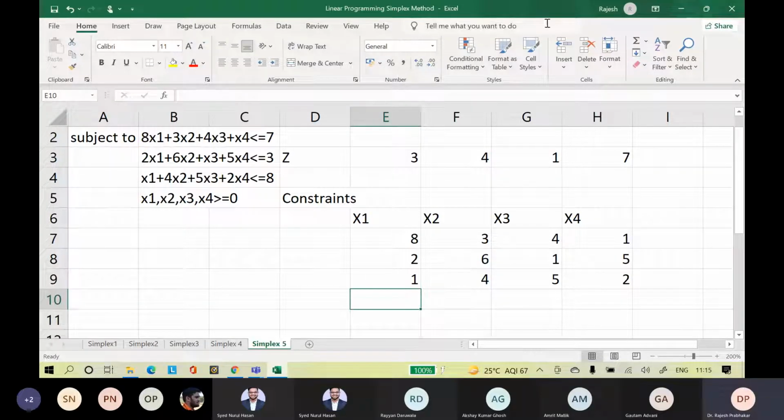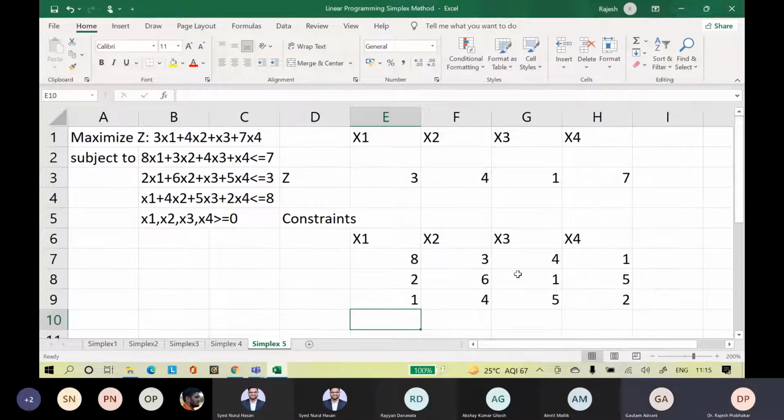Only 3 constraints, right? Yes, sir. 3 constraints.